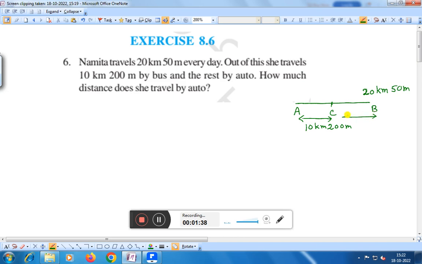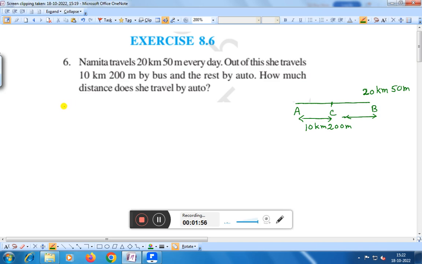That means you have to subtract 10 kilometer 200 meter from 20 kilometer 50 meter, right? Let us subtract, but you have to change this distance into one unit, right? Suppose the unit is kilometer.